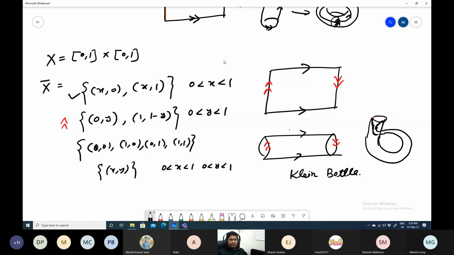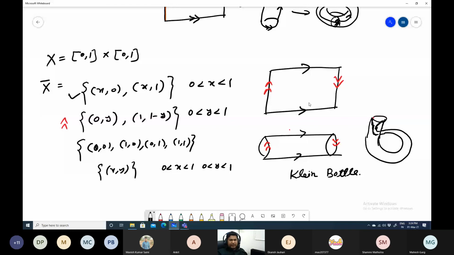So we have the set X, and this is your X bar, and we are mapping. For example, whenever we have (1,0), it goes to this third point. Whenever you have (1/2, 0), it goes to the first point, this one.